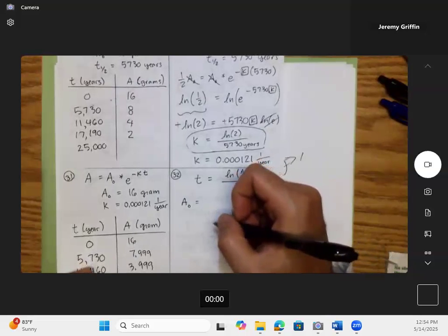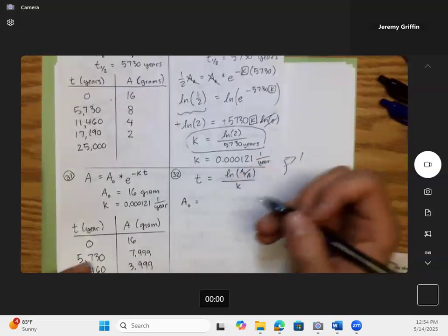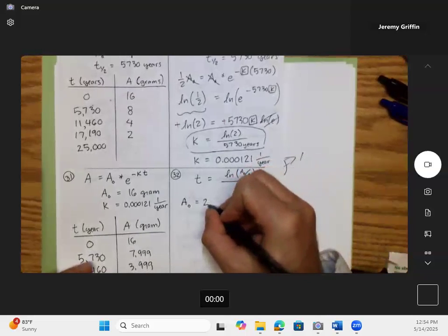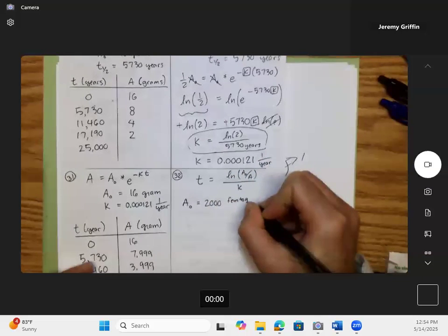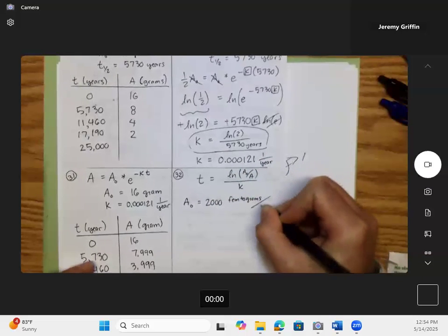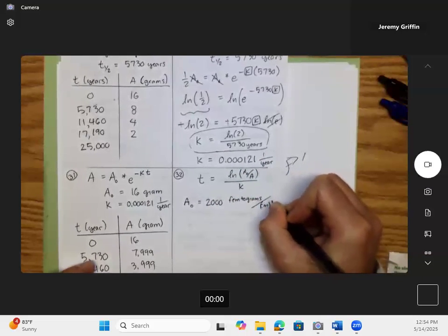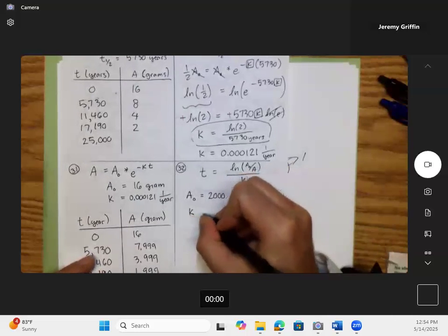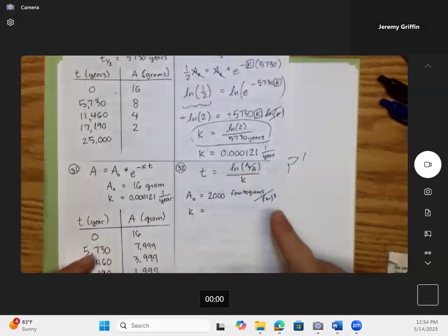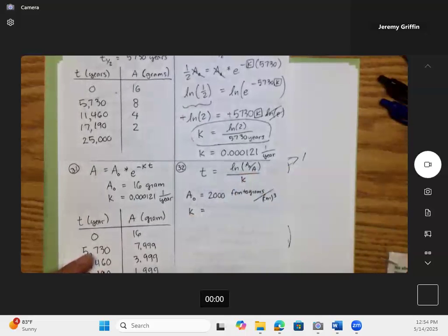I looked it up on the internet where everything is true, and I got this number, 2,000 femtograms per cubic centimeter. So we're going to use that. Also, since we're talking about carbon-14, this number would correspond to carbon-14.